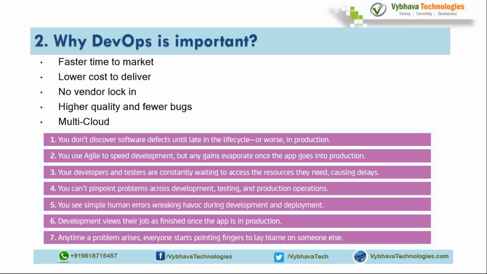You use agile to speed up the development, but you gain nothing once the app goes into production. So in the agile methodology, the focus is to speed up the development. Whenever you are speeding up, it should not lose anything. So that is also why we have these agile methodologies with a basic structure. They have ticketing tools for every bug which you are going to work on.